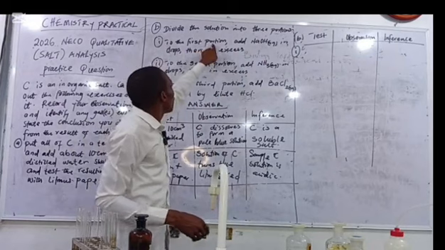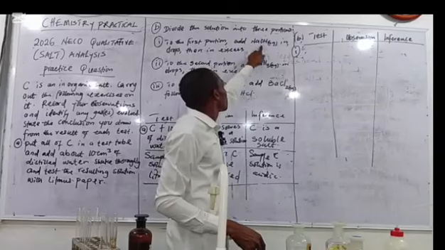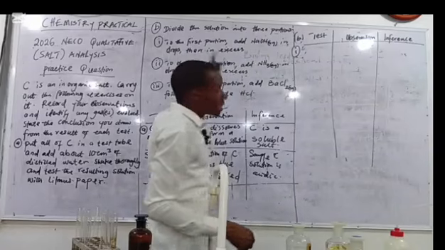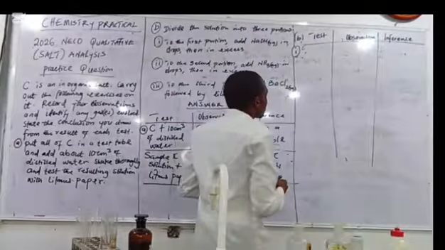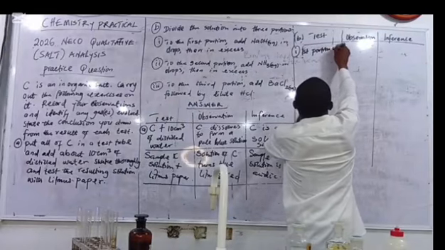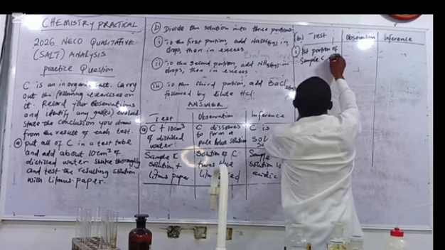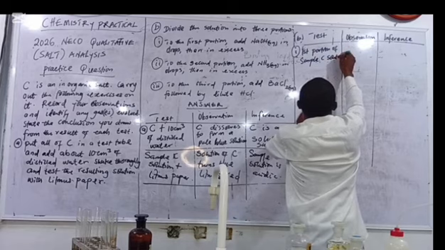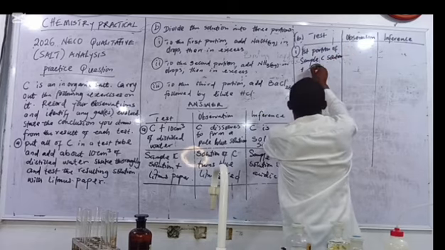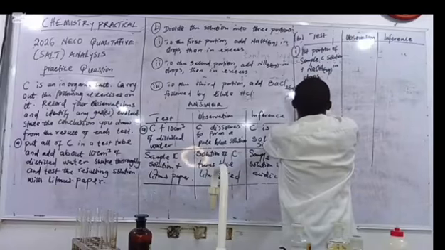Say first portion of sample C solution, we add sodium hydroxide in drops, then in excess. So let's write that: first portion of sample C solution plus NaOH, aqueous NaOH in drops.